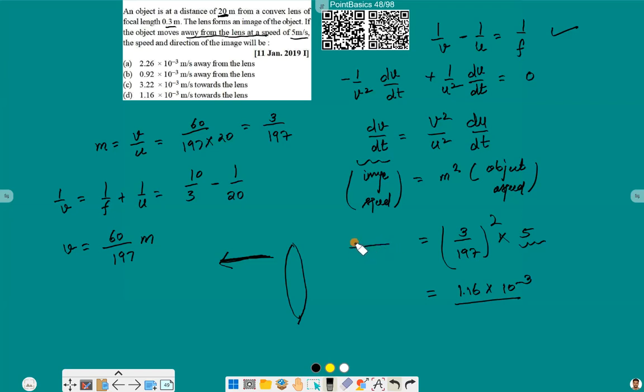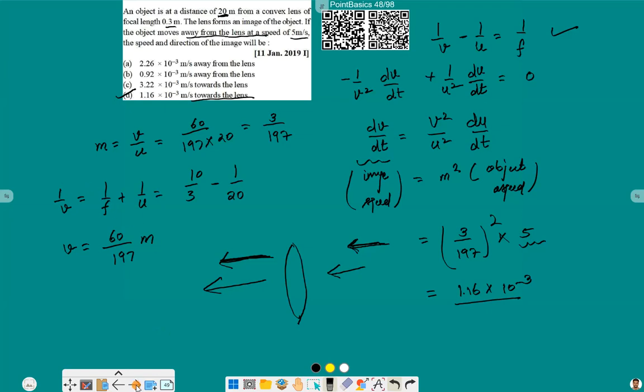So the image moves in this direction, coming towards the lens, while the object goes away from the lens, and that is mentioned in option D, towards the lens.